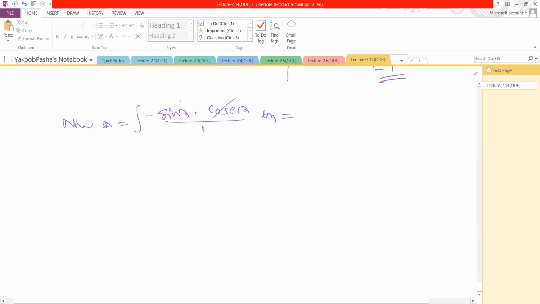Here cosec x and sin x will be cancelled, so we can write minus integration of dx. So we can write the AU value, u is equal to cos x, so minus x cos x.